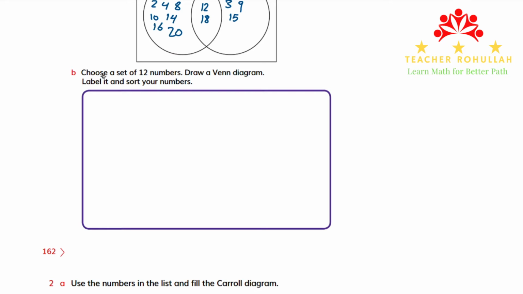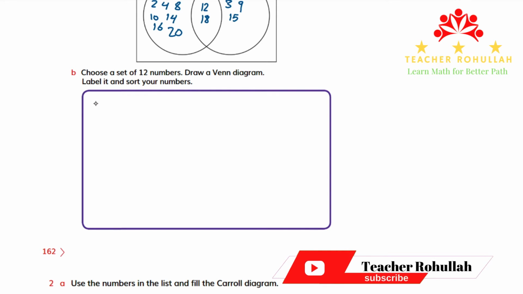In part B, it says, choose a set of 12 numbers. Draw a Venn diagram, label it, and sort your numbers. Let me first write numbers.